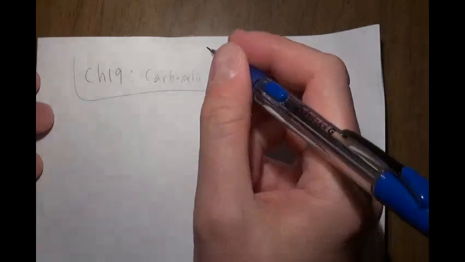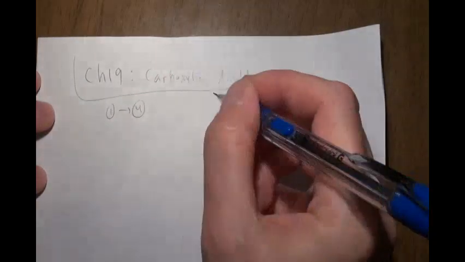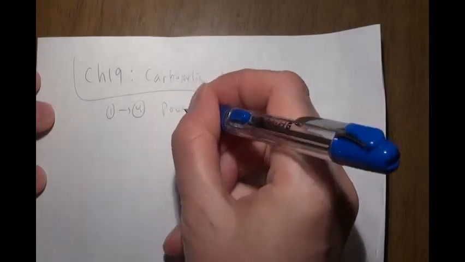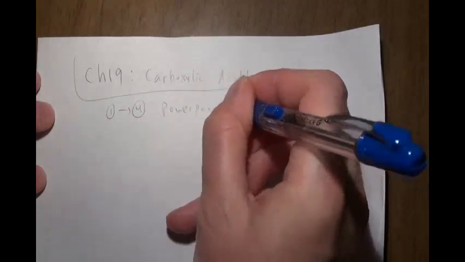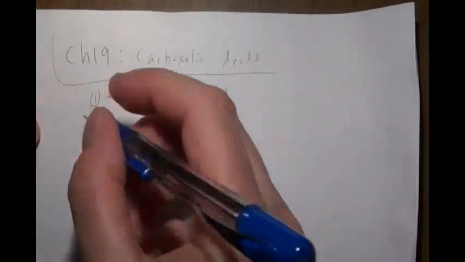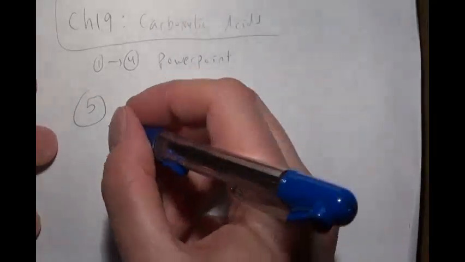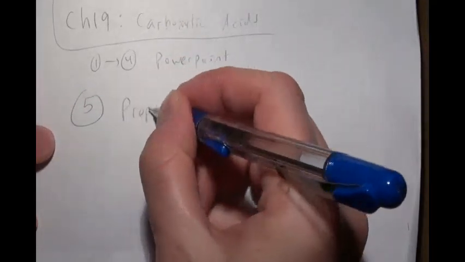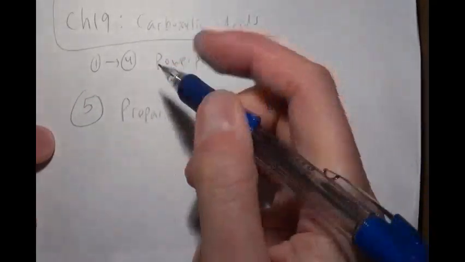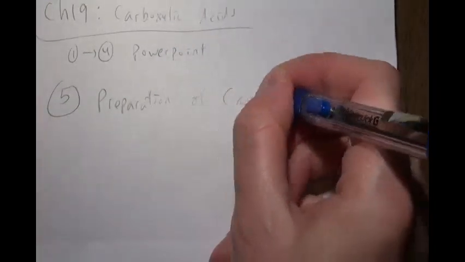We talked about the properties of them, that was 1 through 4, the PowerPoint, and now we're getting into the chemistry. So the chemistry of carboxylic acids. We'll start with the preparation of carboxylic acids.